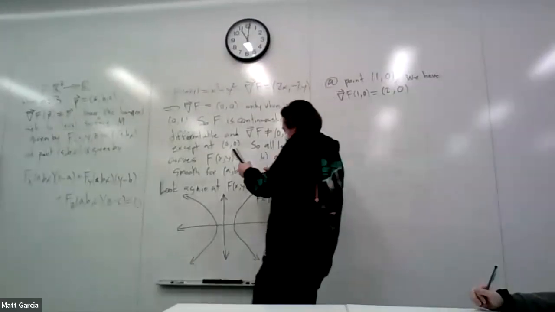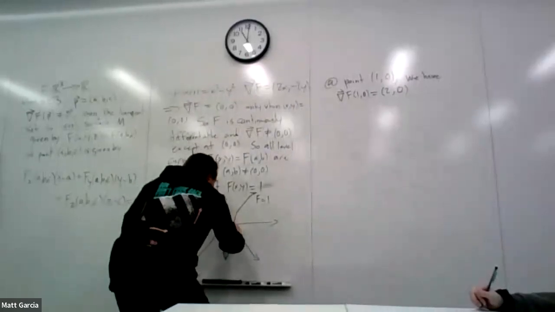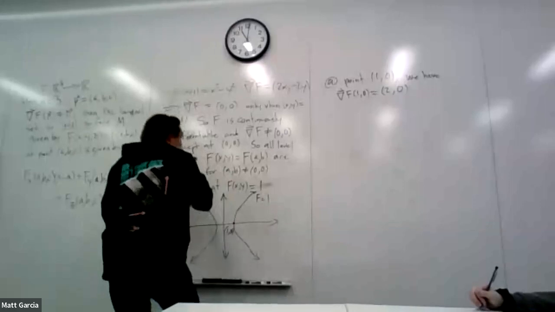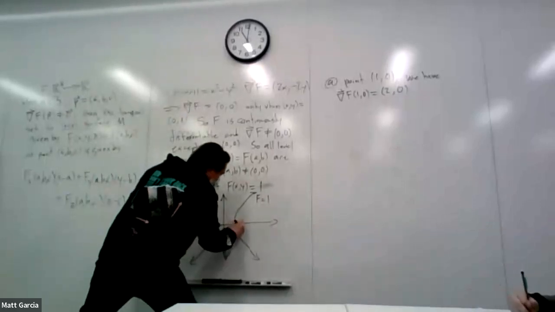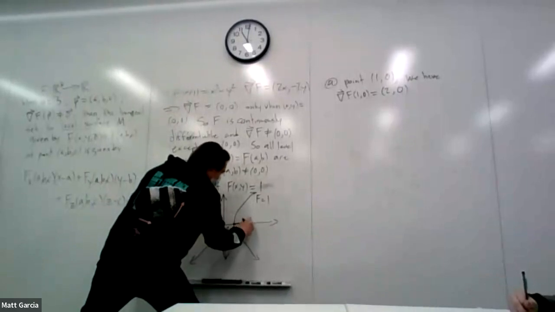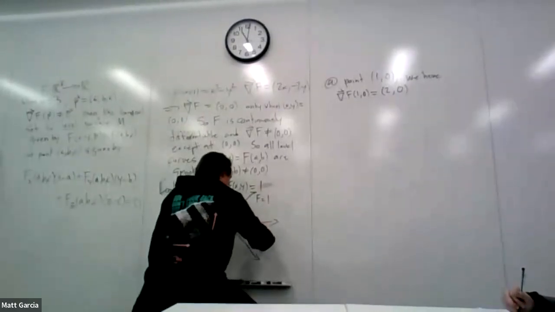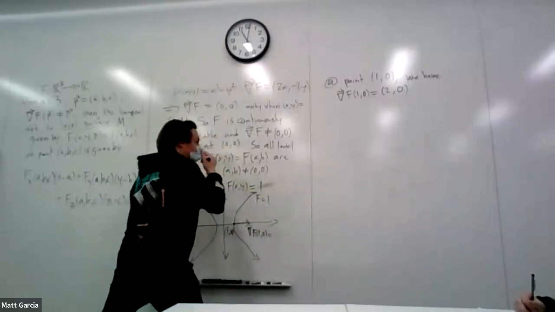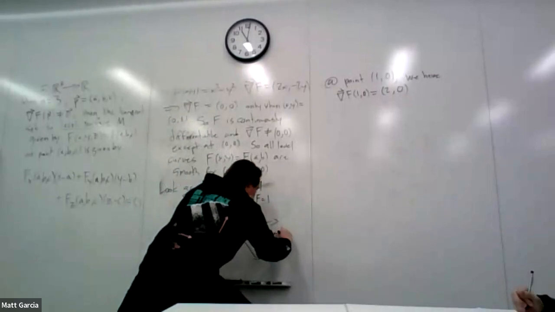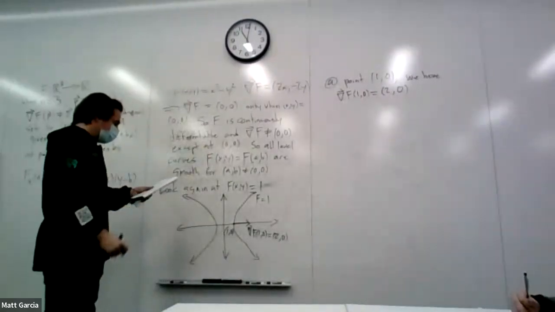Okay, so here's my point 1 comma 0. And my gradient vector is this, right? Gradient of f at 1 comma 0 equal to 2 comma 0. All right.